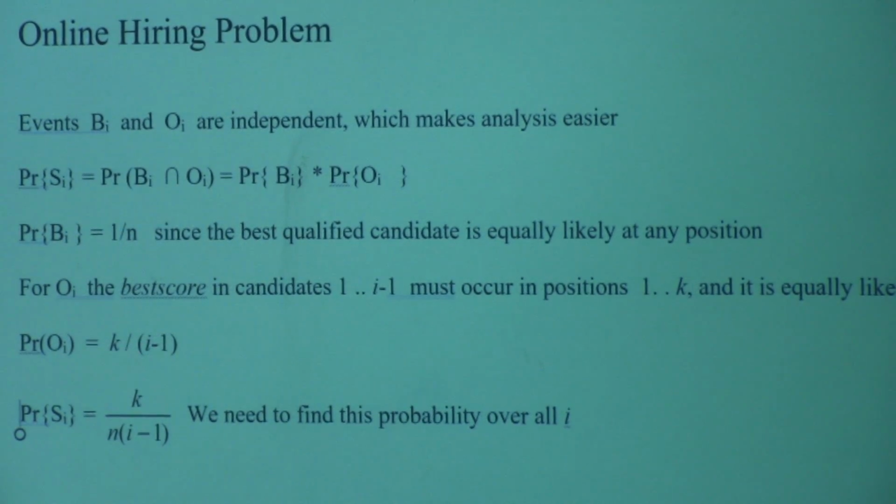What's k? K is the control group. So let's say the control group is 3. Let's say I is equal to 11. Then the probability of O sub I is 3 over 10, or 30%. Why 30%?